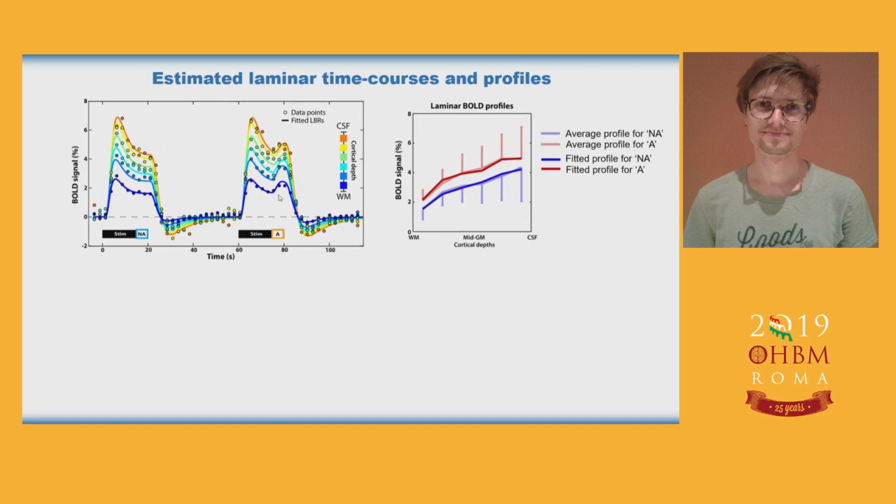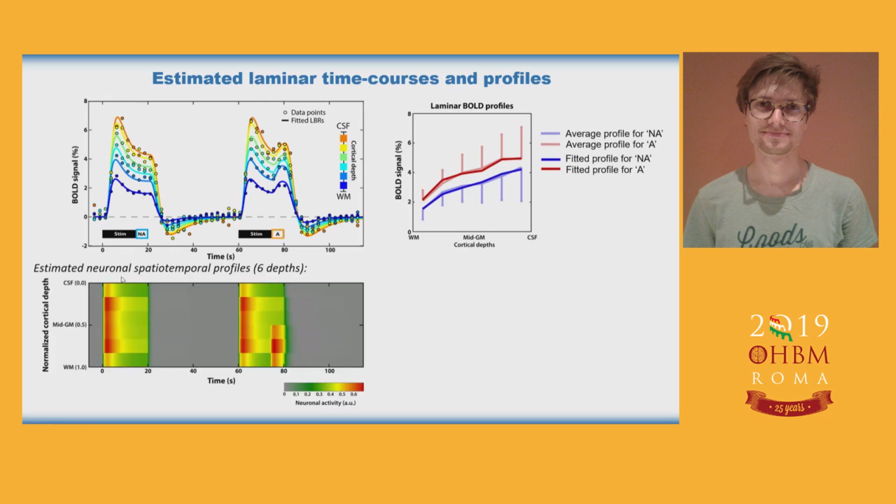And here we see in more detail those estimated laminar BOLD profiles for both non-action and action responses. And by basically modeling both spatial and temporal hemodynamics of the laminar BOLD response with our model, we were able to estimate the underlying neuronal profiles at 6 cortical depths, which, even though they represent a coarse spatial representation of original neuronal responses, are still quite accurately matched.